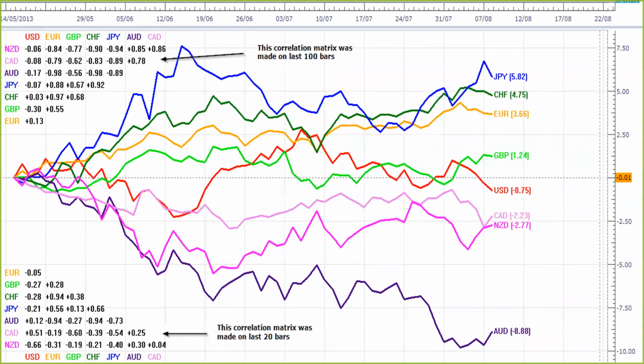Anyway, of course, the correlation is not limited to just currencies and commodities. They have relationships with each other. They all interact with each other as well. You can kind of see, here's the pound. It's just doing its own thing, always doing its own thing.